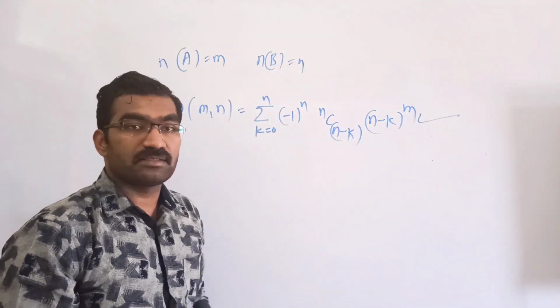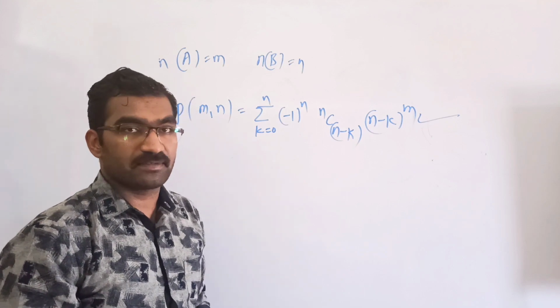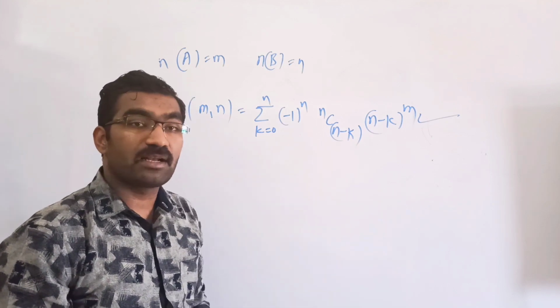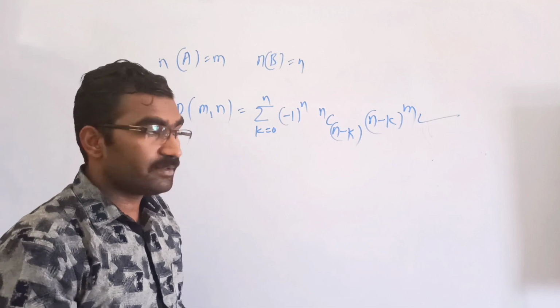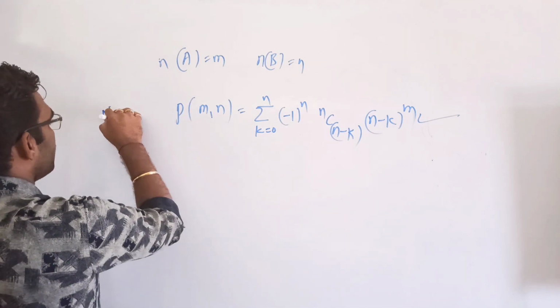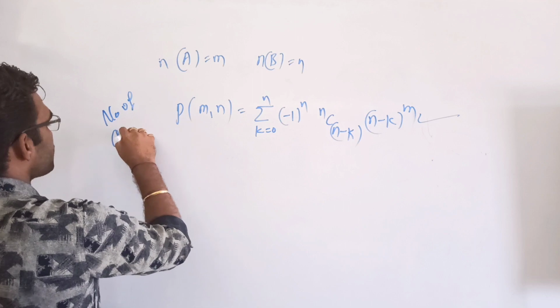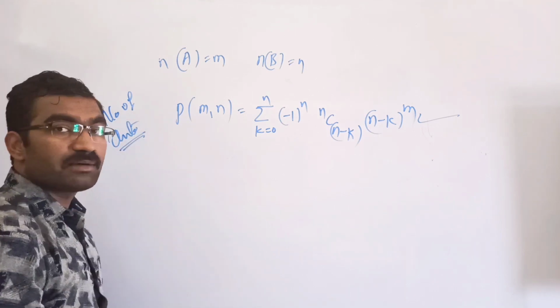There are no questions they have asked on this in previous years, and it is not easy to calculate either. One more thing I'm going to discuss here is the number of onto functions, also called surjective functions.